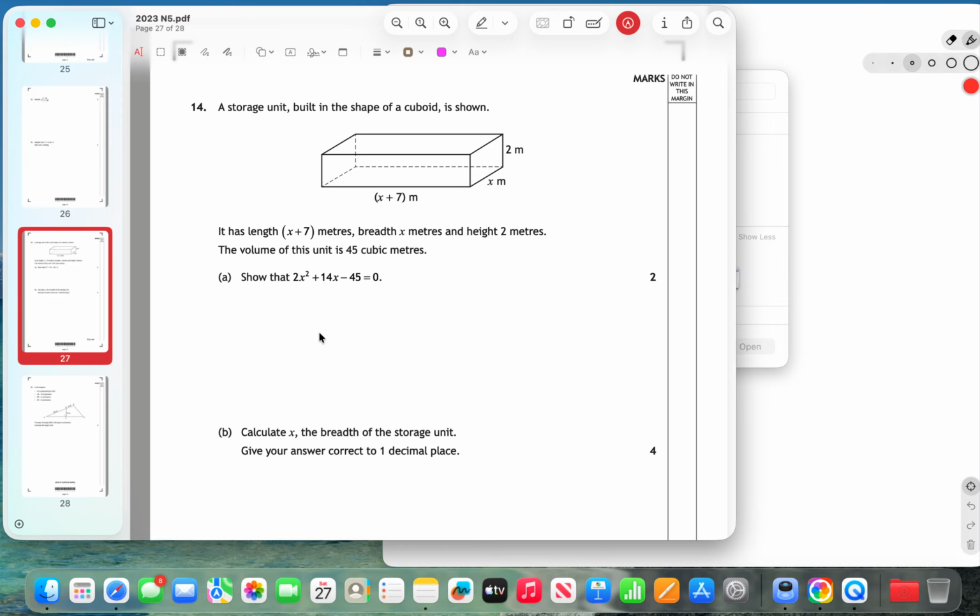But this question highlights something that many pupils don't know, and something that some teachers inadvertently forget to teach pupils. That if a question is split into multiple sections, A, B, C, and so on, the answer to the last section is often, but not always, used in the next section.